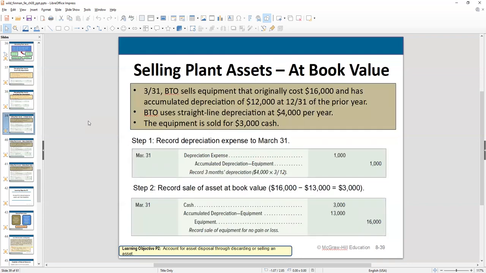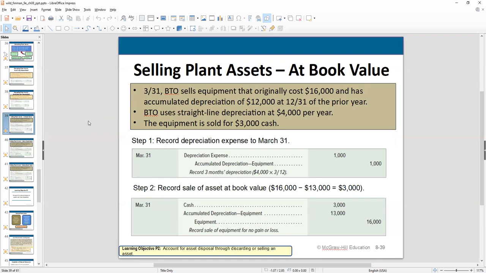Next example. BTO sells equipment that originally cost $16,000, has accumulated depreciation of $12,000. They use straight line depreciation at $4,000 a year. The equipment is sold for $3,000. So first we've got to calculate the depreciation for the year, because they got rid of it on March 31st, 3 months out of the year.